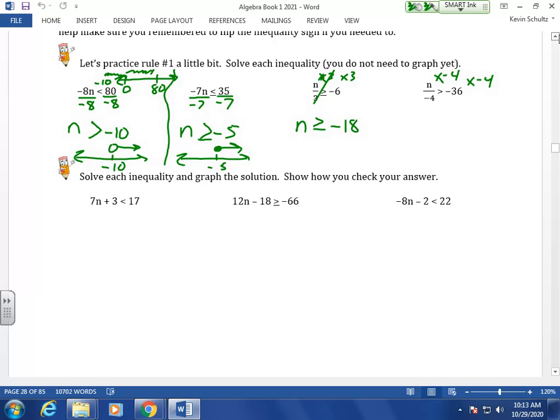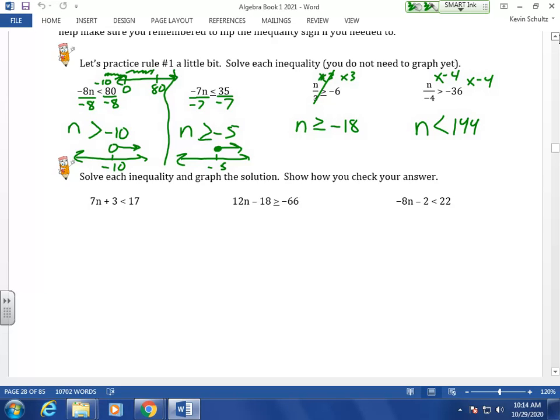Negative 36, is that going to stay negative or jump positive? Jump positive. Therefore, do we flip our sign? Yes, we do. What's 36 times 4? 144. And n is less than positive 144.